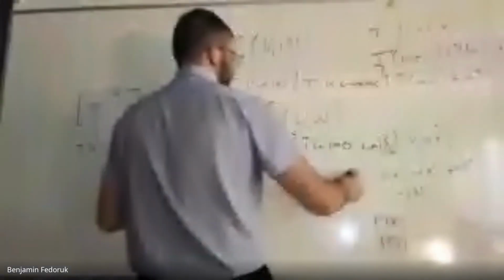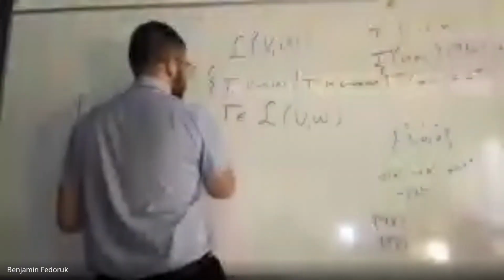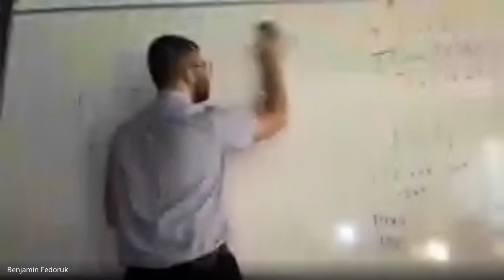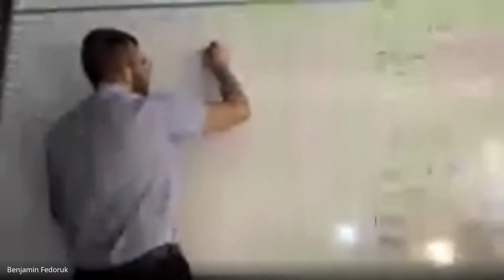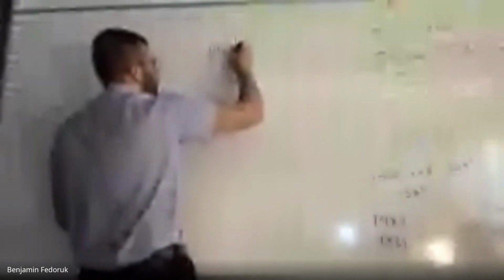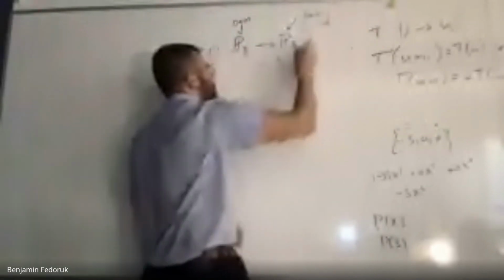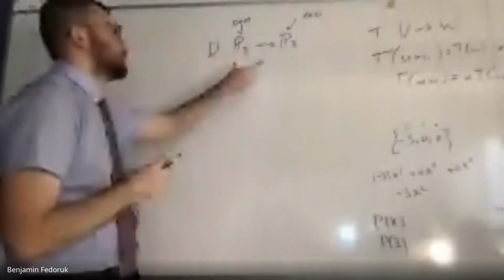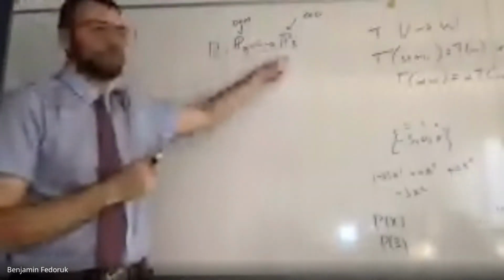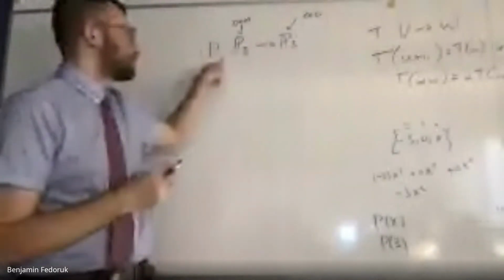Okay. So then, what's the image of a transformation? Say that I consider D, which is the derivative, going from P3 to P3, right? This is the domain. This is the codomain. So whenever you're asked what's the codomain and what's the domain, it's always what you see in the function itself or in the definition of the function, right?